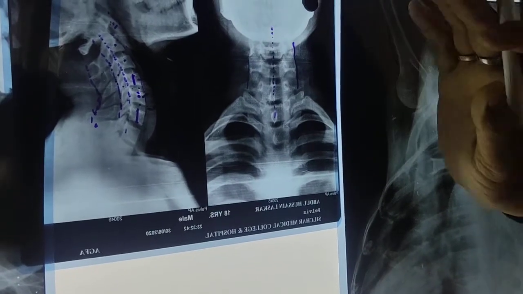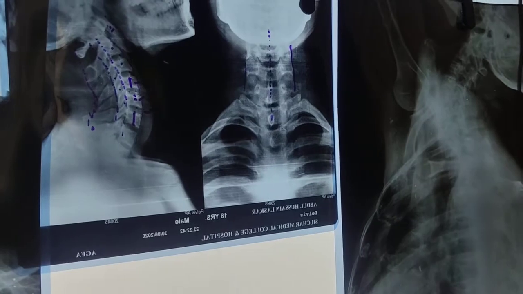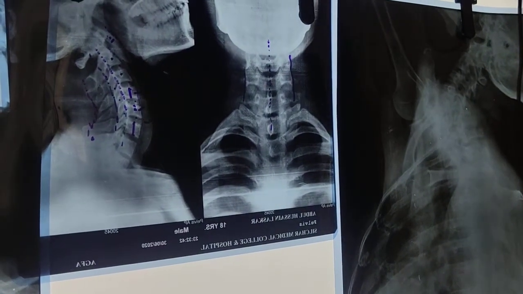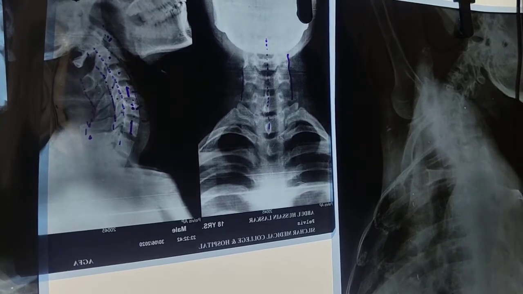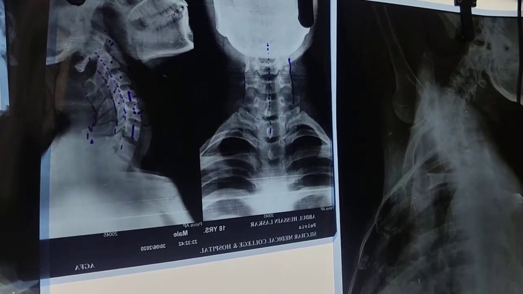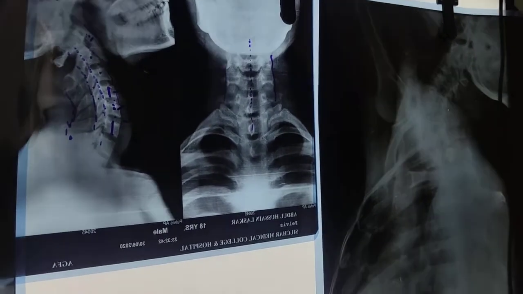I'll tell you. In a case of unilateral dislocation of the cervical spine vertebra, not bilateral, unilateral, there is a rotation of the vertebra. The vertebra on this side is rotated, the anterior part going posteriorly. So there is a rotation.